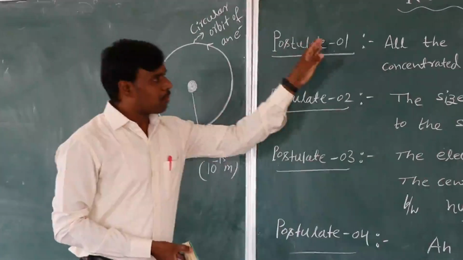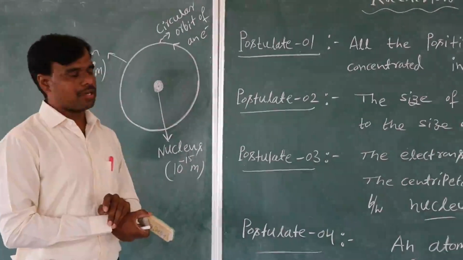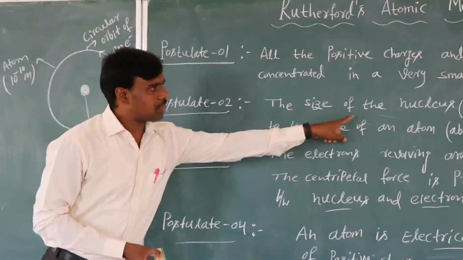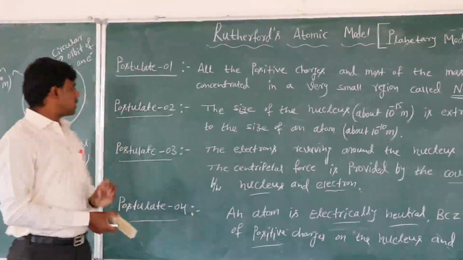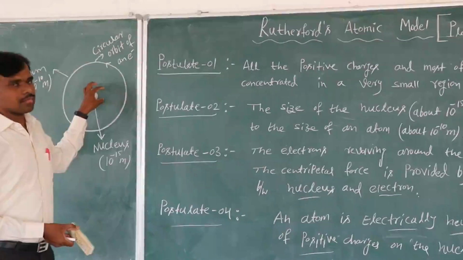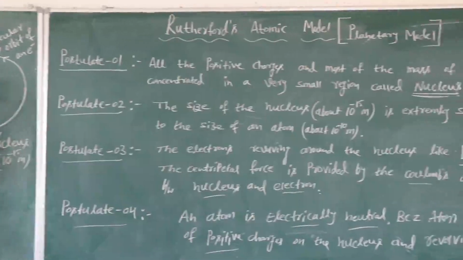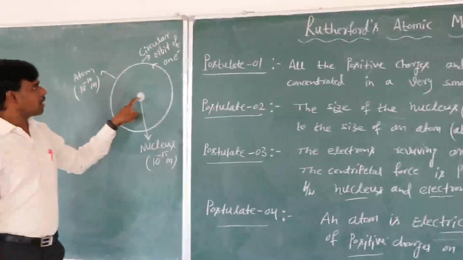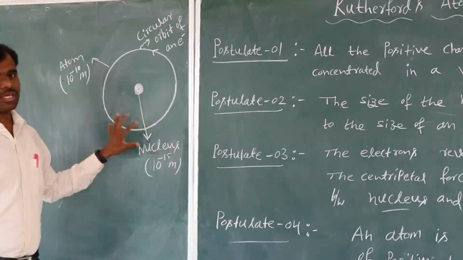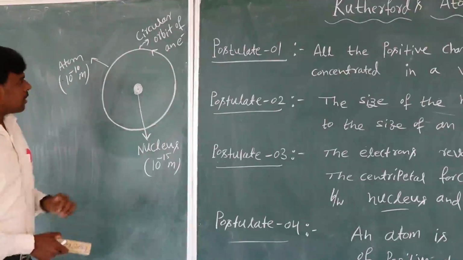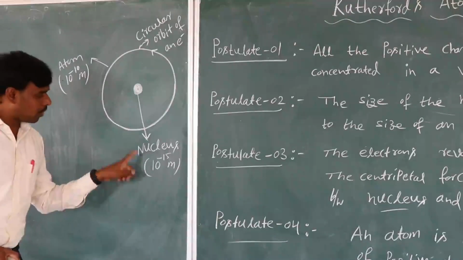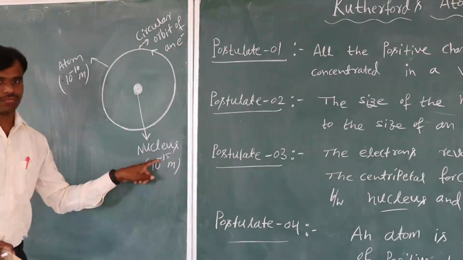And also he proposed, that is the second postulate, that the size of the nucleus is extremely small compared to the size of the atom. Here, the size of the nucleus is about 10 to the power of minus 15 meter.